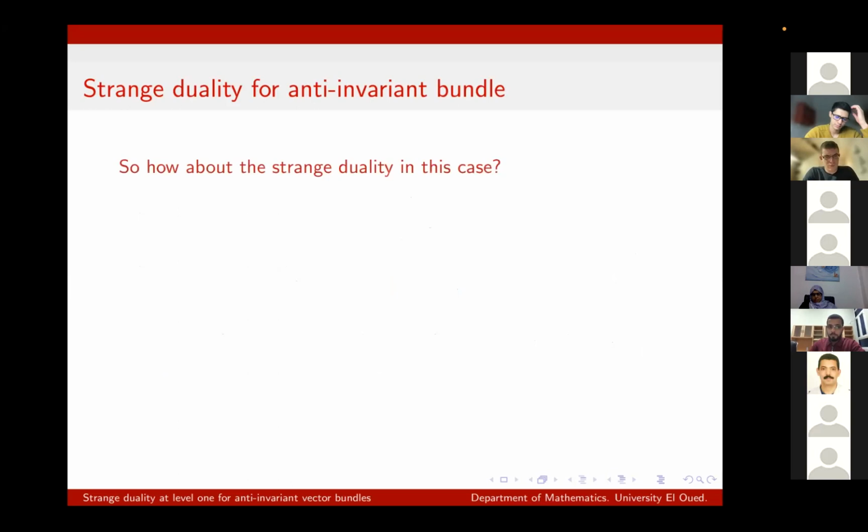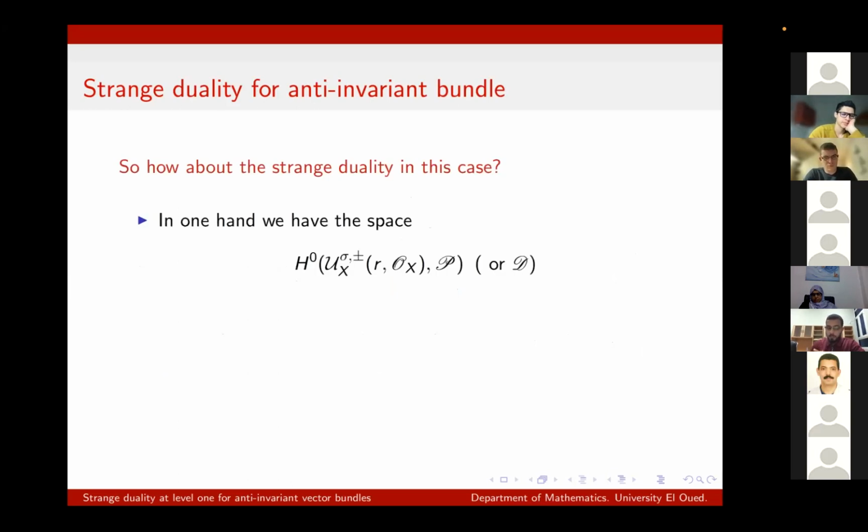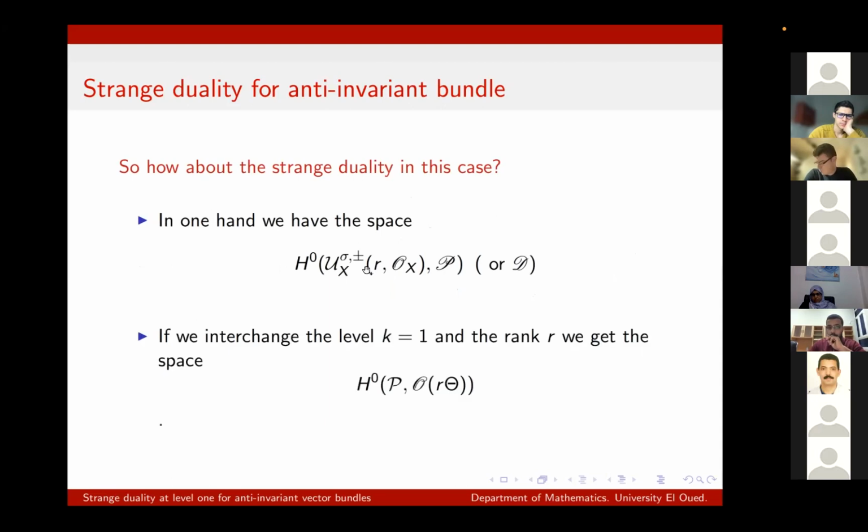If this strange duality were true, then we should have an isomorphism between, on one side, the vector space of global sections of the Pfaffian of cohomology line bundle in the alternating case, or maybe D in the symmetric case, and the dual of the classical theta divisor, or the global sections of the power R of the classical theta divisor on the Prym variety.